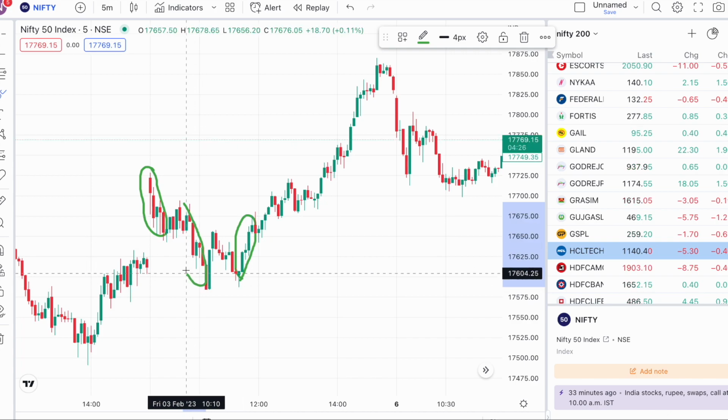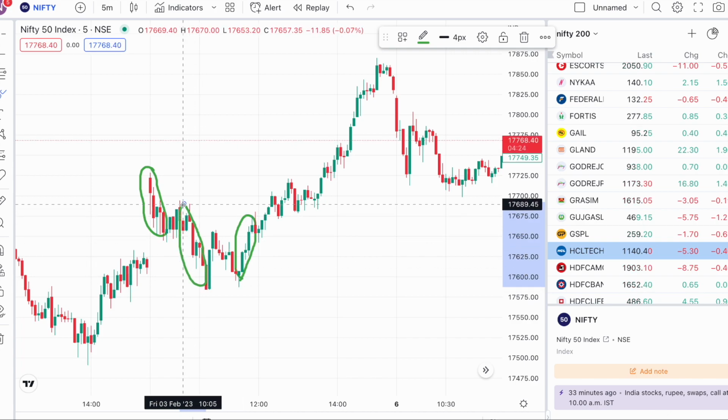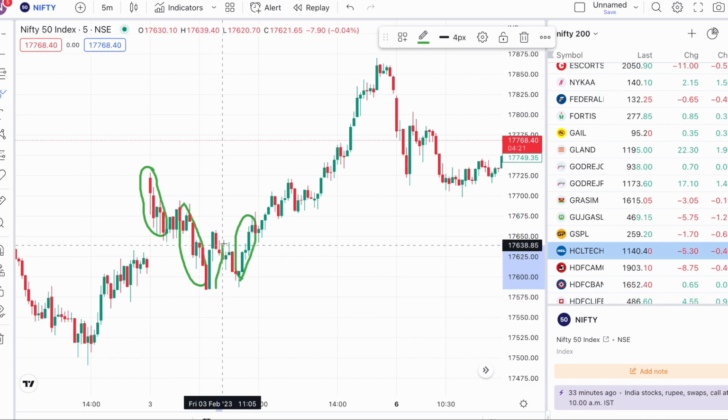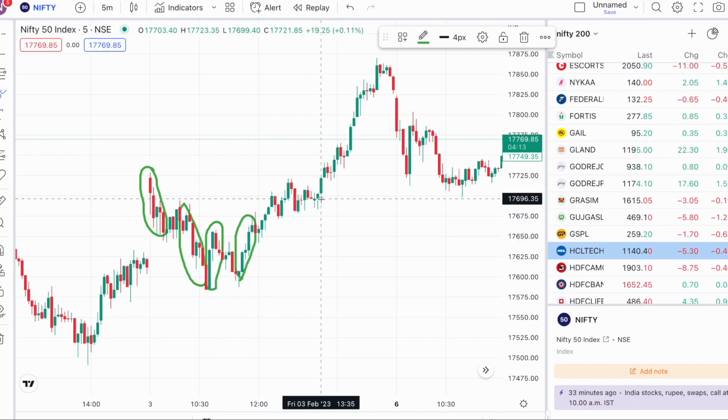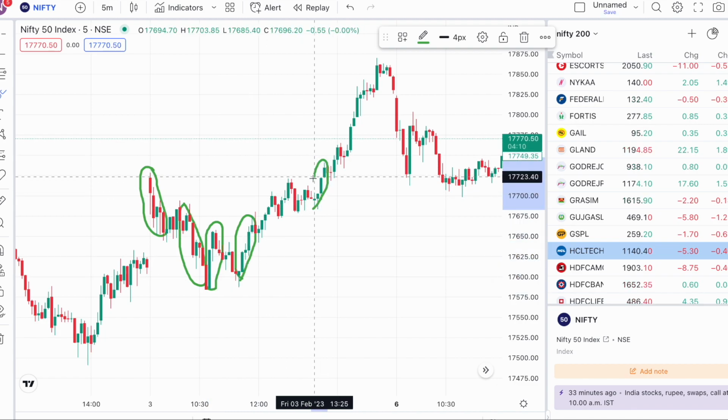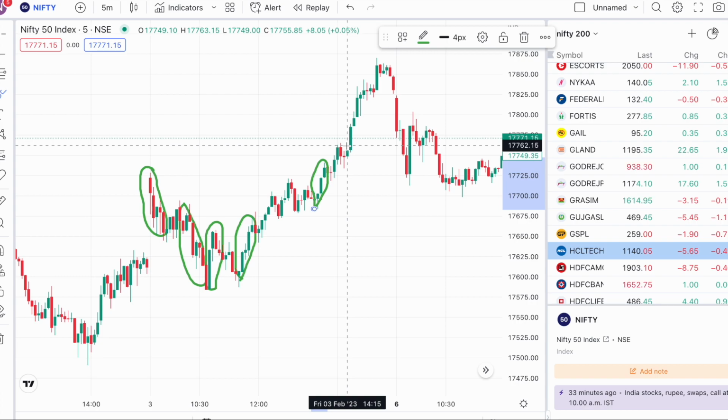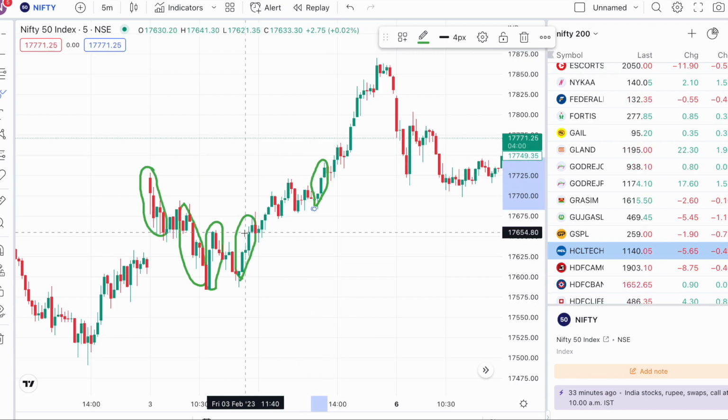Combination of red candles depicting a strong move. Combination of green candles depicting a strong move. Again, a combination of green candles depicting a strong move.